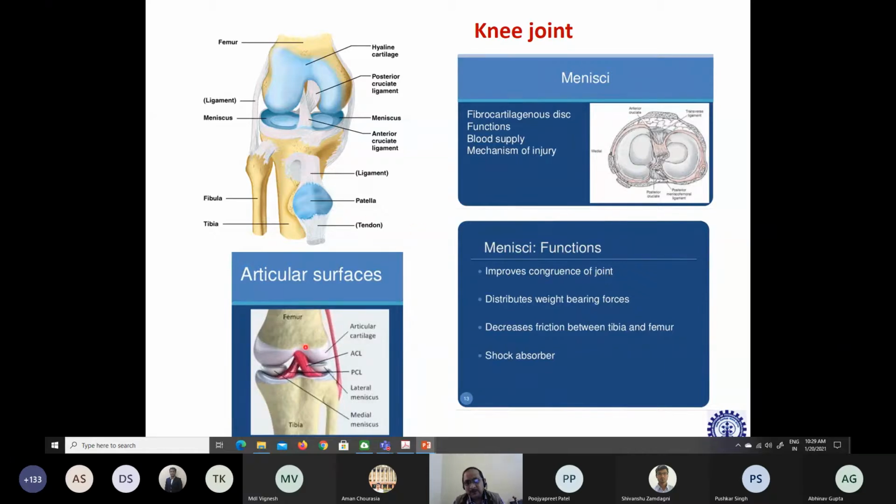Once you put these congruent structures within the joint spaces, it distributes the load more evenly throughout the contact surfaces. It decreases friction between the tibia and femur, and it also acts as a shock absorber.